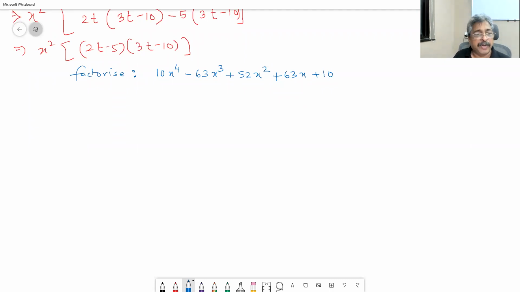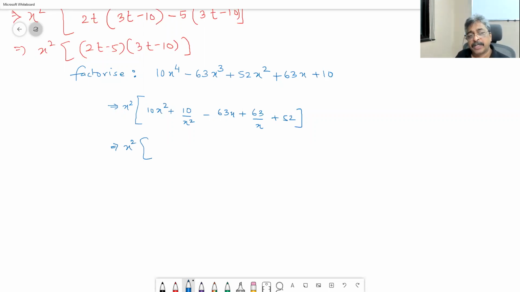With a little change, we will get the factorization of this. x square inside bracket 10x square plus 10 upon x square minus 63x plus 63 upon x plus 52, which is x square inside bracket, 10 comes out.